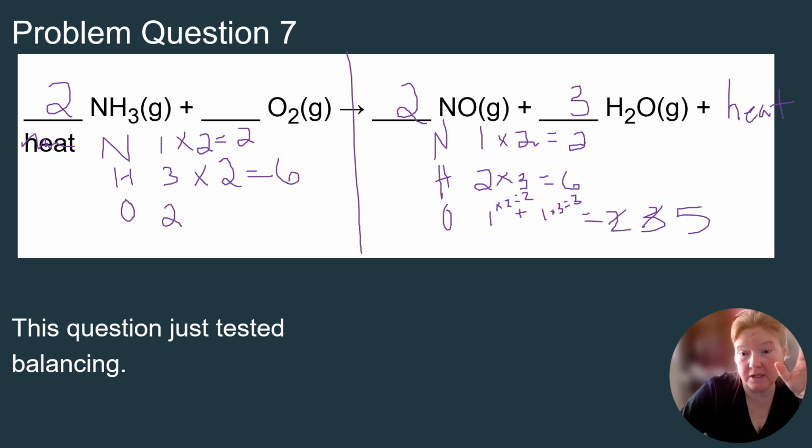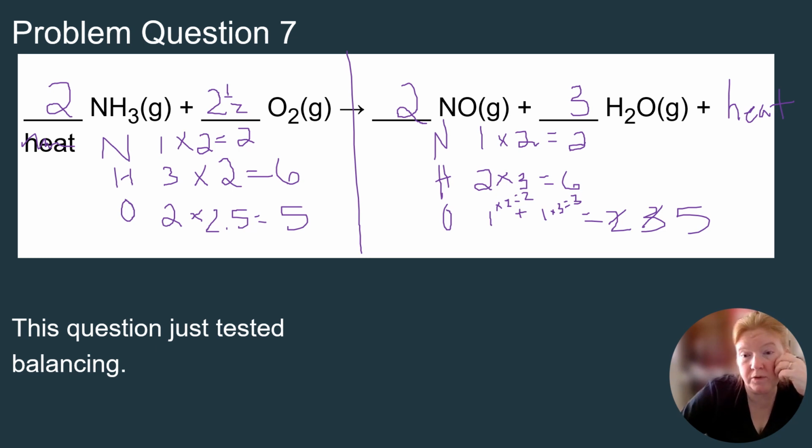I'm not a fan of this. Why? Because I can't multiply 2 by a whole number to get to 5. I could multiply it by 2.5, and that gives me 5.